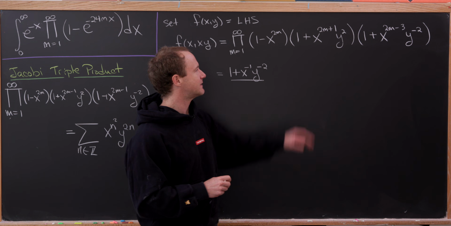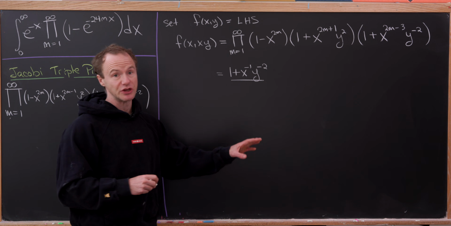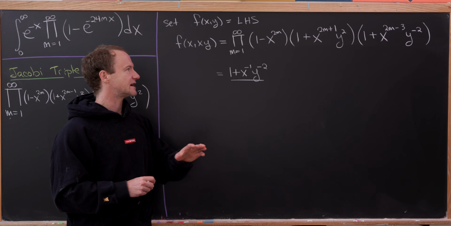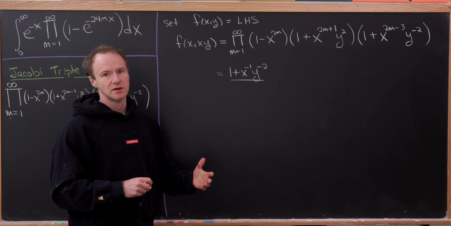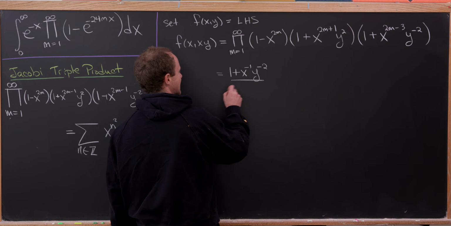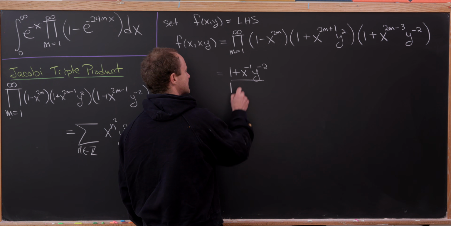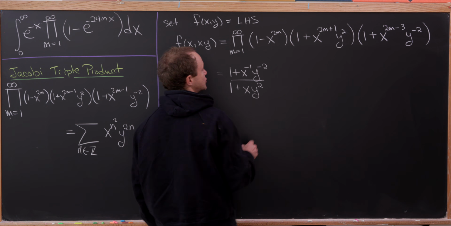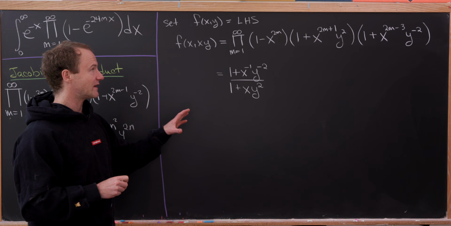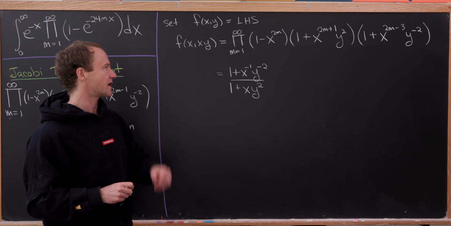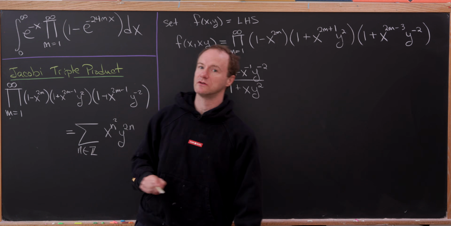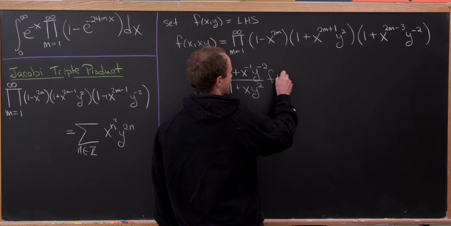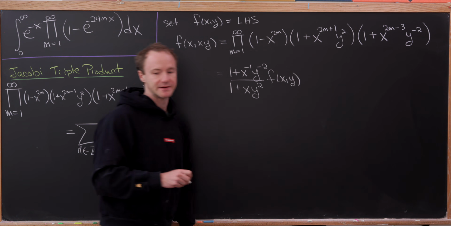But notice that this middle term is starting at x cubed. So that means it's missing something. It's missing an x to the first power. So if we multiply that back in, we've got to divide by that as well, leaving us with a 1 plus x times y squared. But after doing that, we've shifted this product back to its original form. But its original form we set equal to f of x comma y.